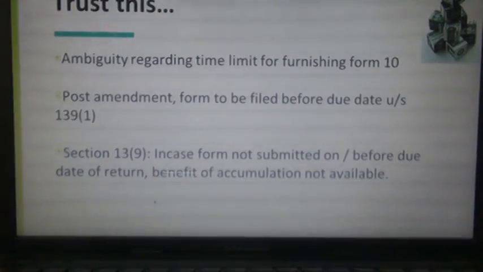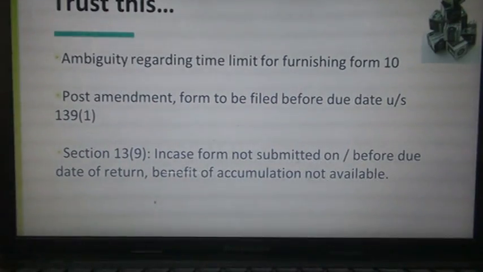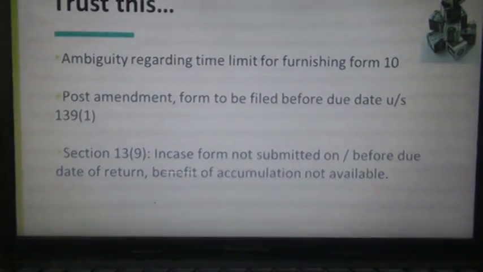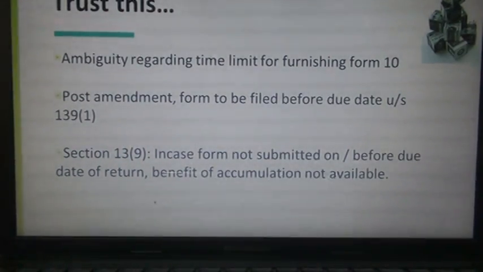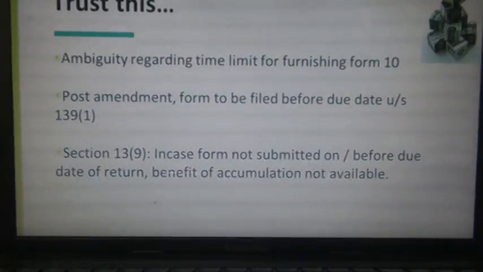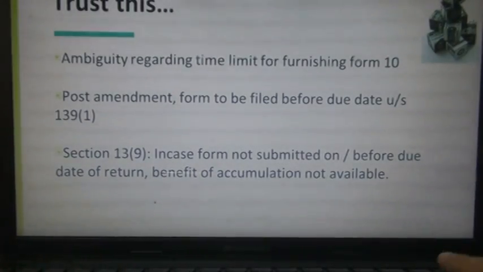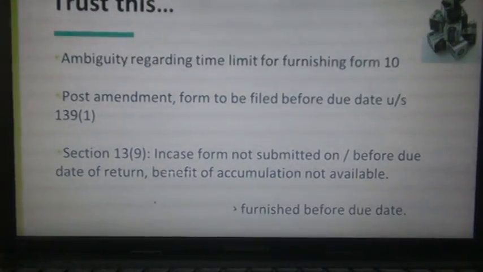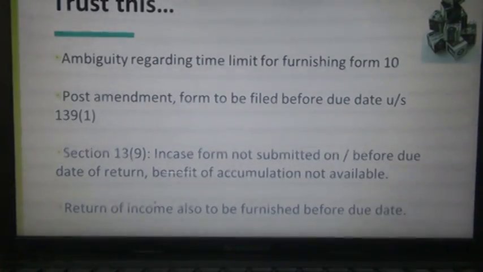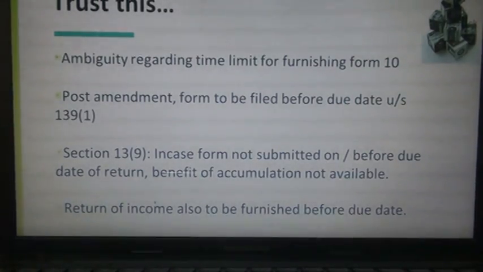So if this condition of not furnishing Form 10 on time is not fulfilled, then this accumulation benefit will not be available, and whatever income or whatever money the trust has set aside for a particular object will become taxable. Return of income, of course, also has to be furnished before the due date.